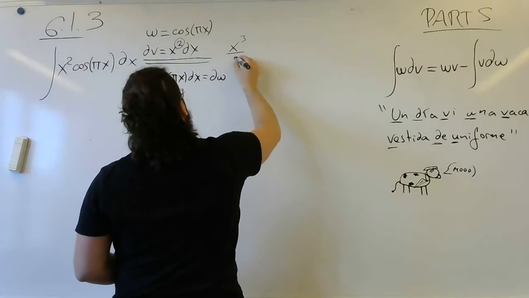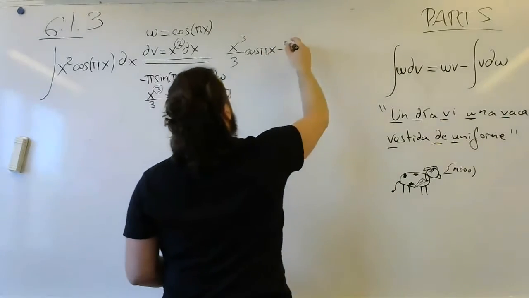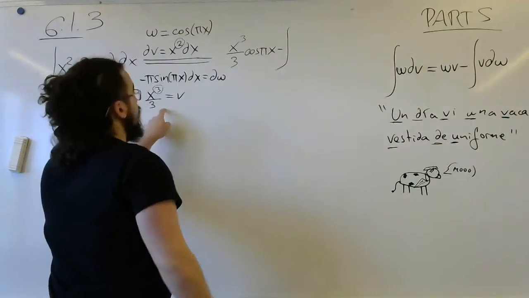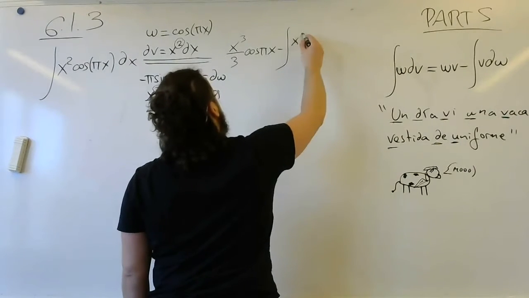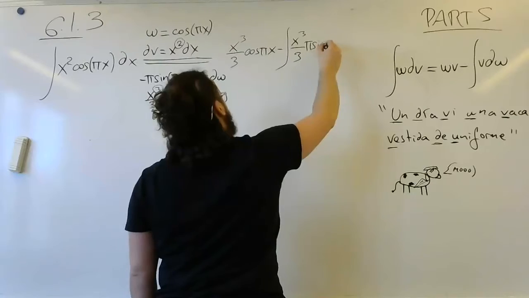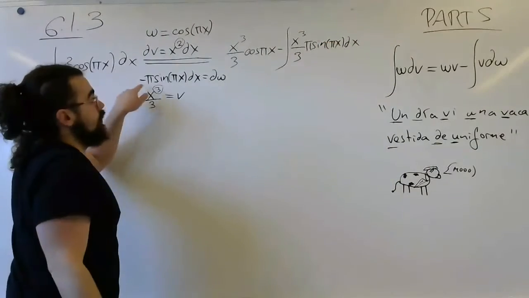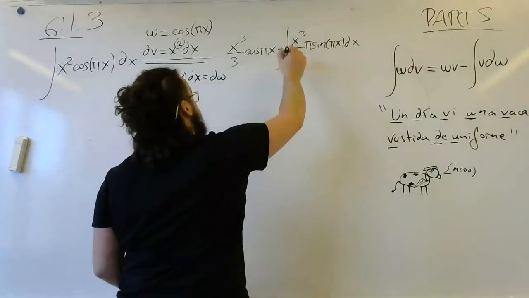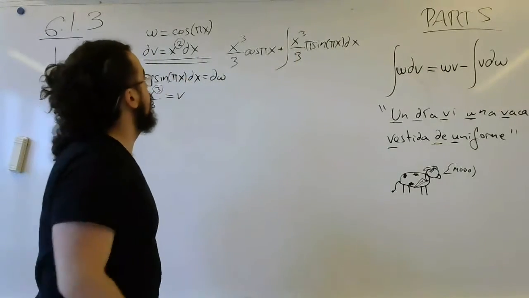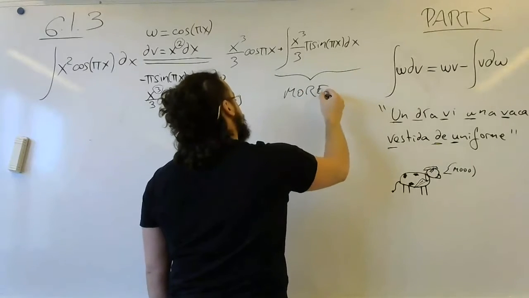We have x cubed over 3 cosine of pi x minus the integral of v, and this minus with this minus becomes a plus. So in this first step of integration by parts, we have arrived to an integral that is more complicated.